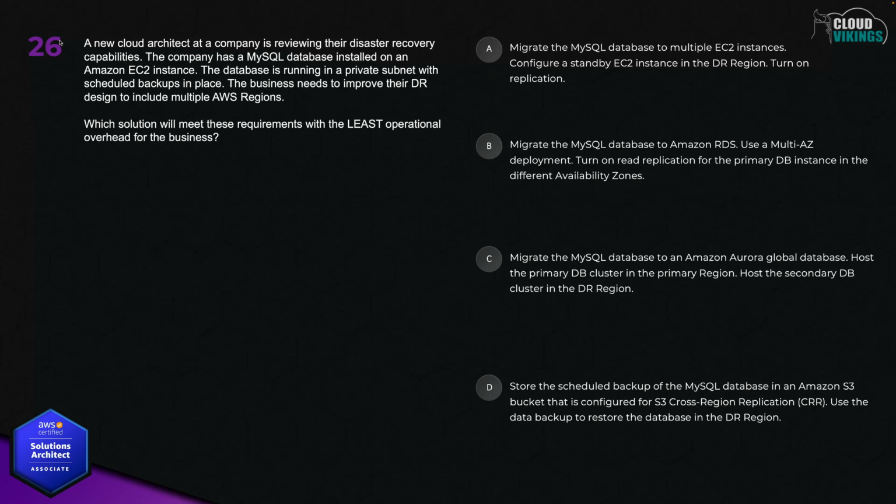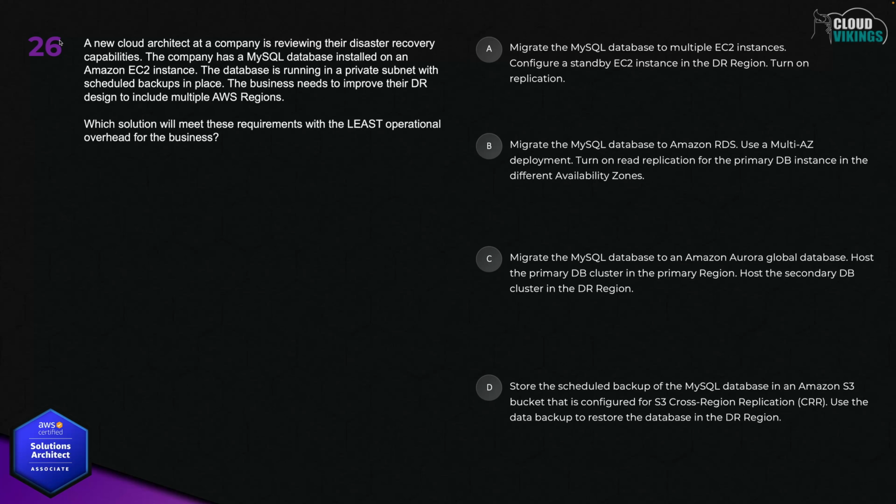A. Migrate the MySQL database to multiple EC2 instances. Configure a standby EC2 instance in the DR region. Turn on replication. B. Migrate the MySQL database to Amazon RDS. Use a multi-AZ deployment. Turn on read replication for the primary DB instance in the different availability zones.